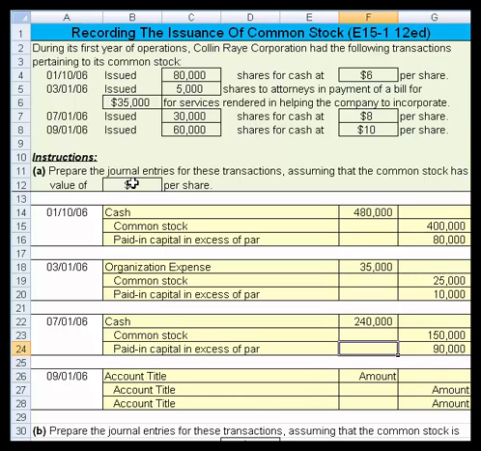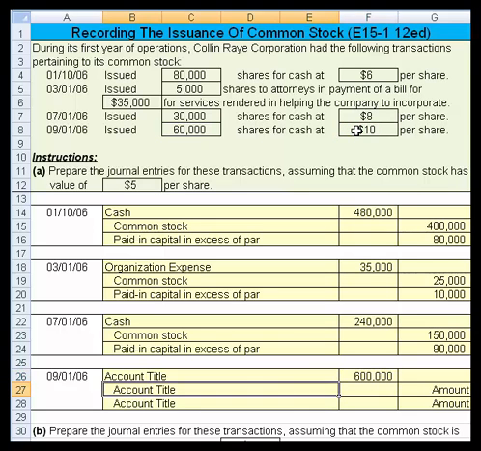Now you could also calculate those paid-in capitals by actually taking the difference. The 8 less the $5 is $3 times 30,000, which would get you 90,000. And in this case, what was the difference here? Well, actually, because it's not issued at a share price, that one you have to compute the difference just the way we did it. On 9/1, we issue 60,000 shares for $10 per share.